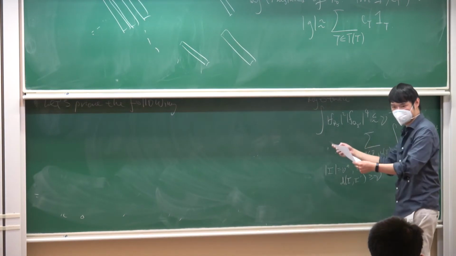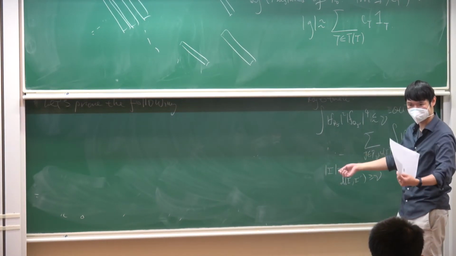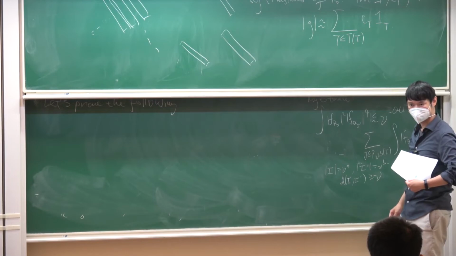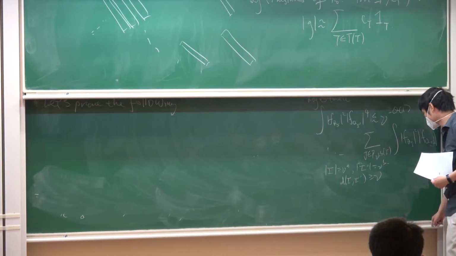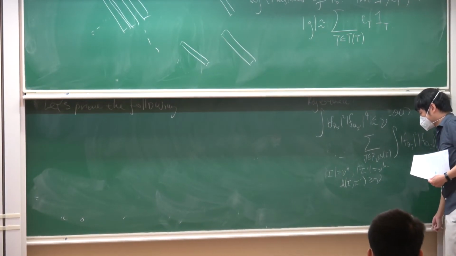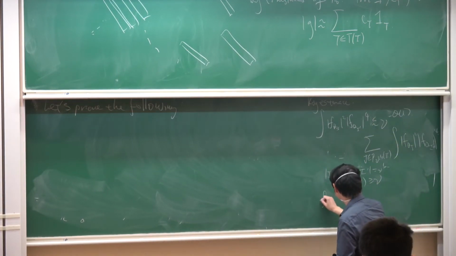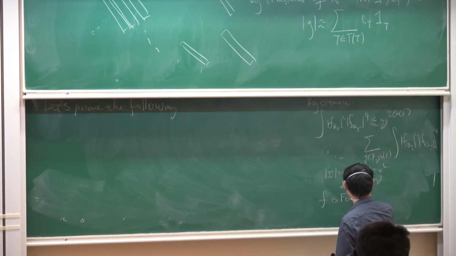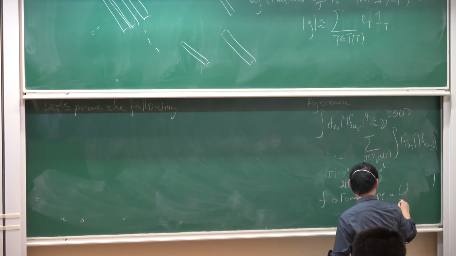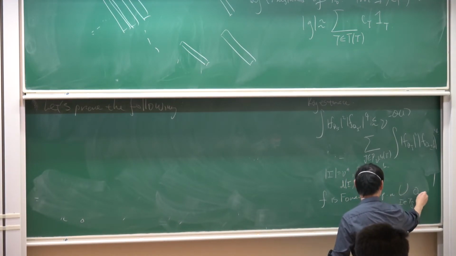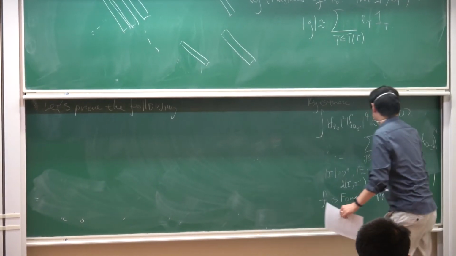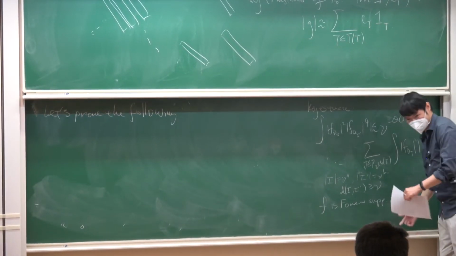And of course, F has Fourier transform supported in a very thin neighborhood of the parabola. Okay. That's what we want to prove.